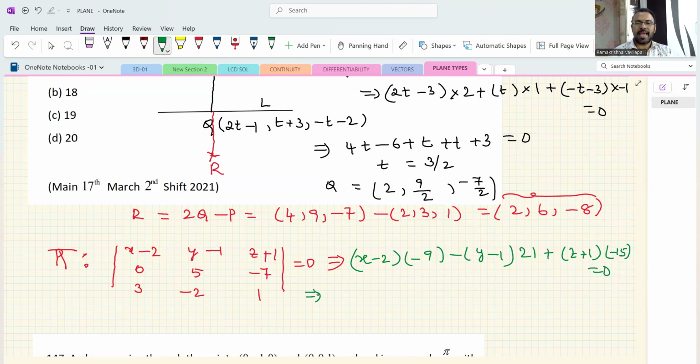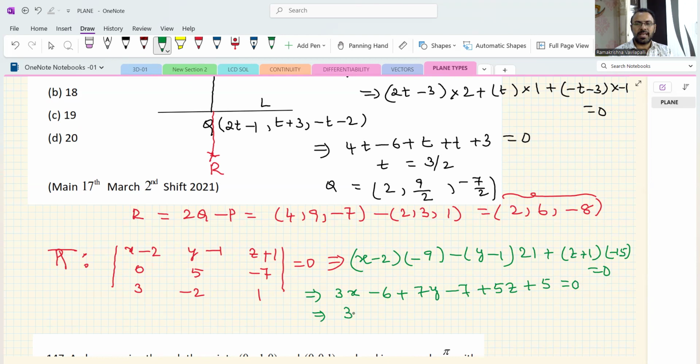All right, you can cancel by minus 3. So you will get 3x minus 6 plus 7y minus 7 plus 5z plus 5 equal to 0.